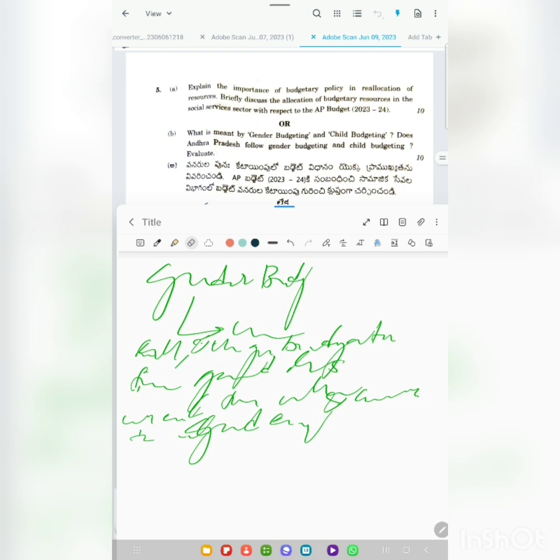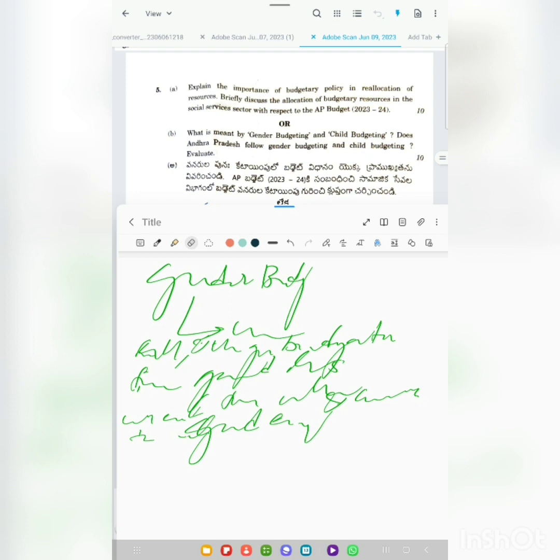So, a simple definition. Then you can also write what is child budgeting. So child budgeting refers to, simple thing, finally the same thing, allocation and evaluation of budgetary resources for the upliftment of children.